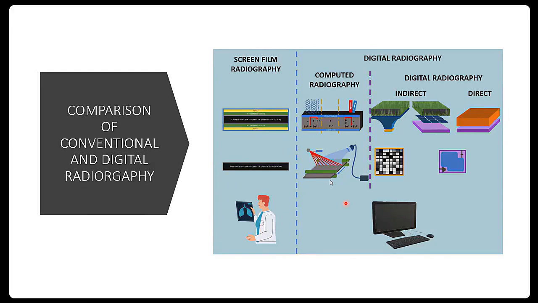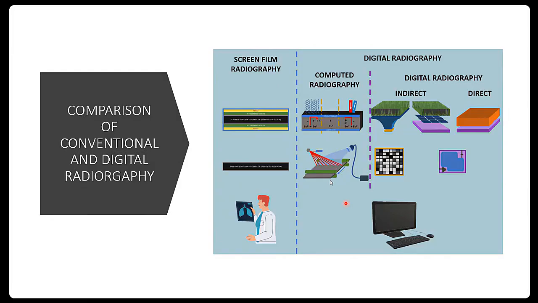So, flat panel detectors can be divided into two types: indirect conversion and direct conversion. In direct conversion, the X-ray was directly converted into electronic charge, right, with the help of photoconductors. What was the photoconductor used in digital imaging? Amorphous selenium.